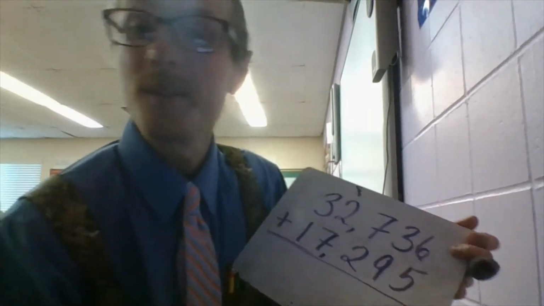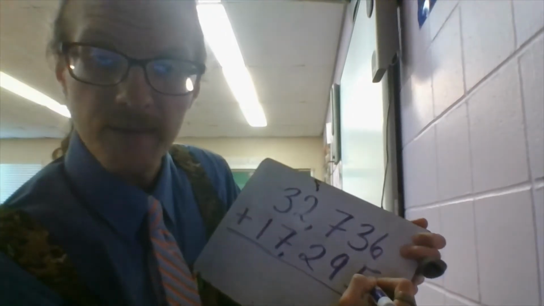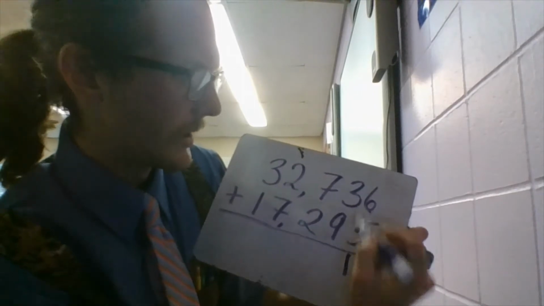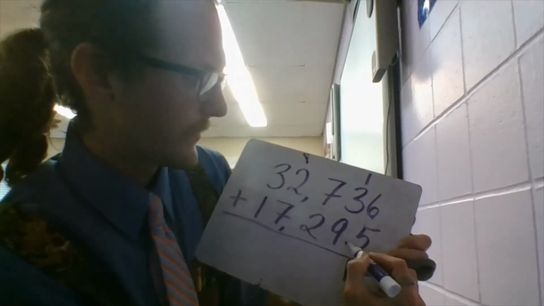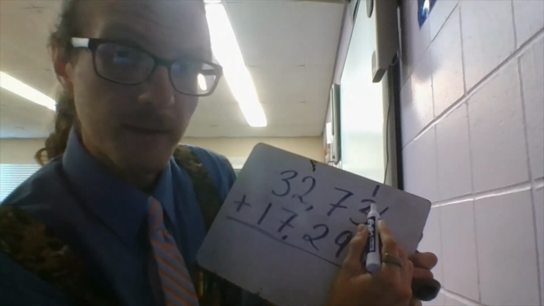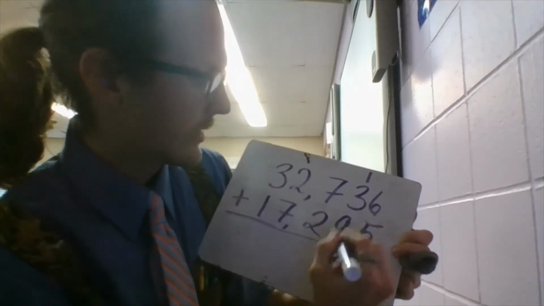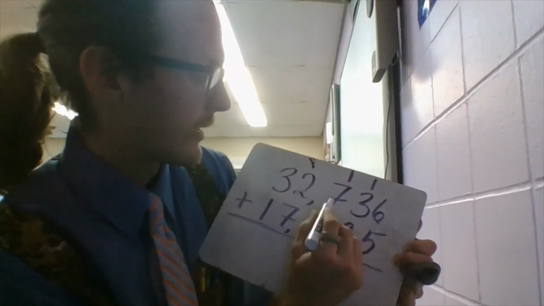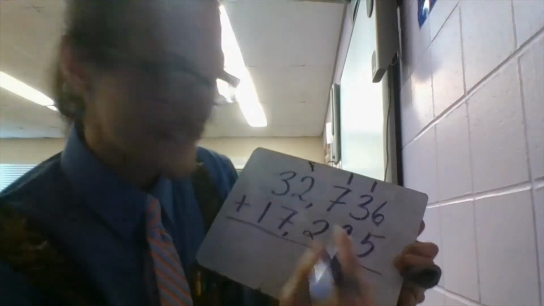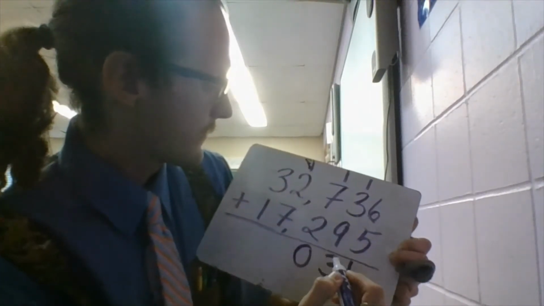We're going to start in the ones. Why? Because that's where you should start. 6 plus 5 equals 11. 1 down here, 1 up here. 9 plus 3 equals 12. Plus 1 is 13. 3 down here, 1 up here. 7 plus 2 is 9. Plus 1 is 10. The 0 down here, the 1 up here.